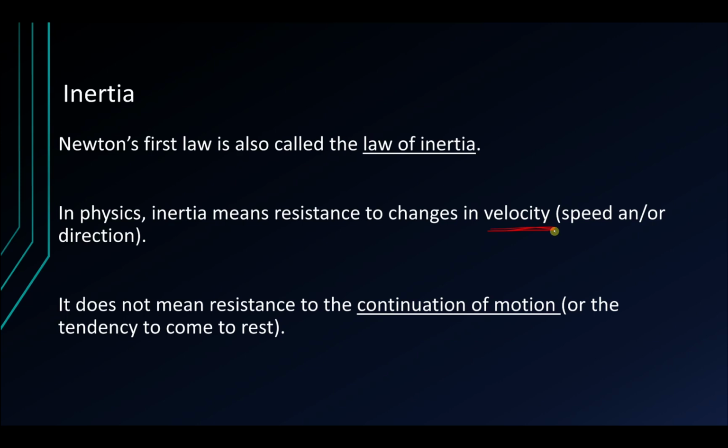This also can be a change in direction. So inertia just means that objects have a resistance to change in the magnitude or direction of their velocity unless acted on by a force, right? It's important to also note that this doesn't mean that there is a resistance to continuation of motion. It just means there is a resistance to a change in motion.